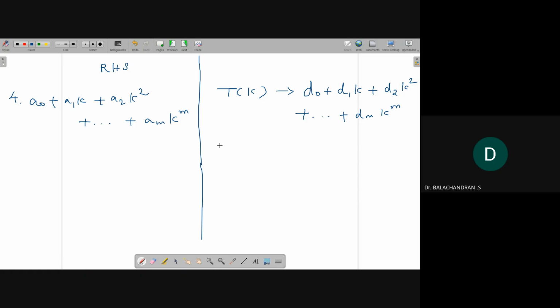Similarly, for t of k minus 1, replace k by k minus 1, and then for t of k minus 2, replace k by k minus 2. I don't write it here, but now you can easily understand this one.